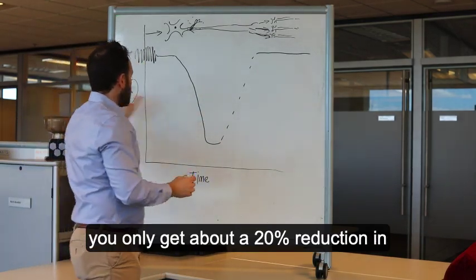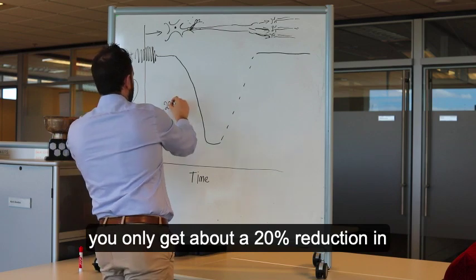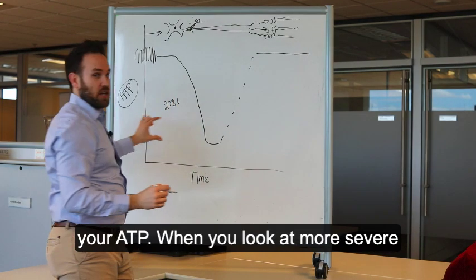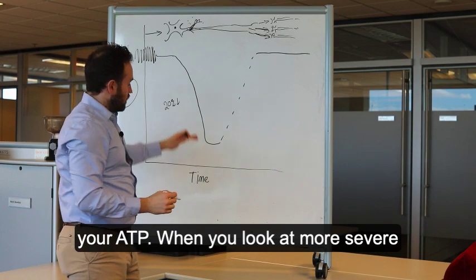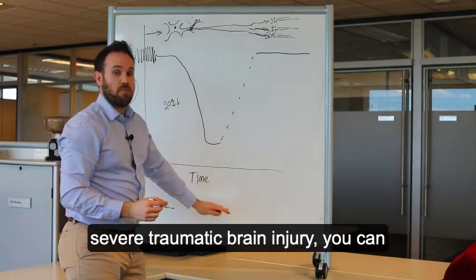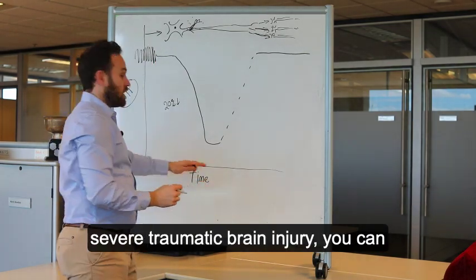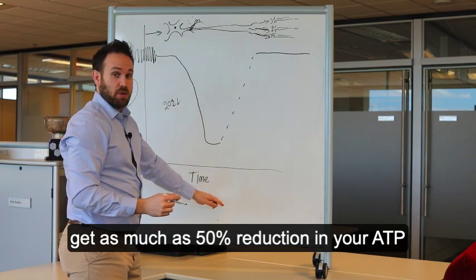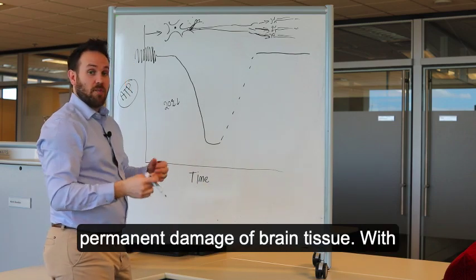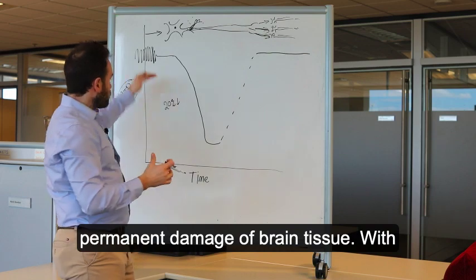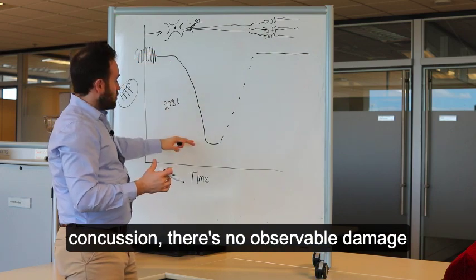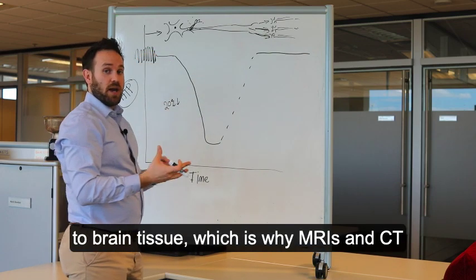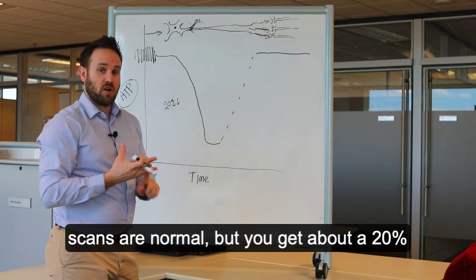With a concussion, you only get about a 20% reduction in your ATP. When you look at more severe forms of brain injury, like moderate and severe traumatic brain injury, you can get as much as 50% reduction in your ATP, to the point where you actually get permanent damage of brain tissue. With concussion, there's no observable damage to brain tissue, which is why MRIs and CT scans are normal.